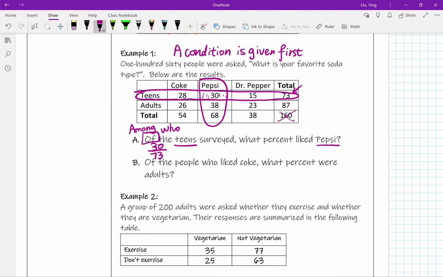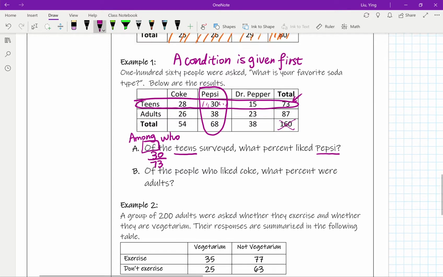Like the teens and Pepsi, they're equally important. But here, because of how it's worded, it says I'm only looking at out of the teens, so that's what makes it a conditional frequency. So we need to divide by the number that is just the teens, not the total.